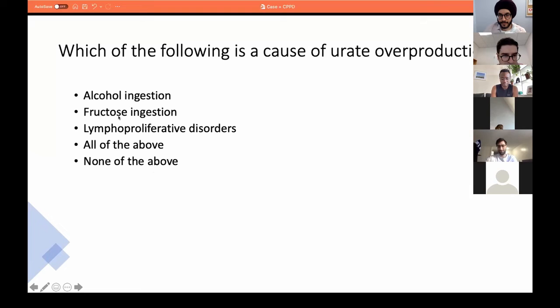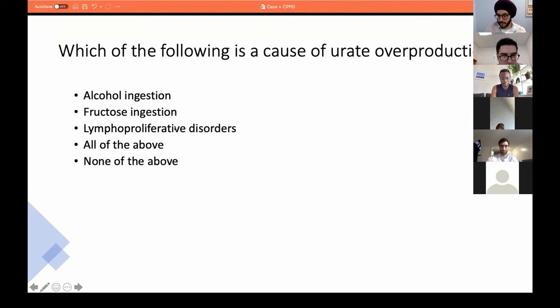One thing I need to mention about fructose is that you should always ask the patient if they drink sweetened drinks, sodas, because fructose sweetening is everywhere, right? So just make sure, because I had patients that once they stopped drinking sweetened drinks, they stopped having gout. That's something to be aware of.